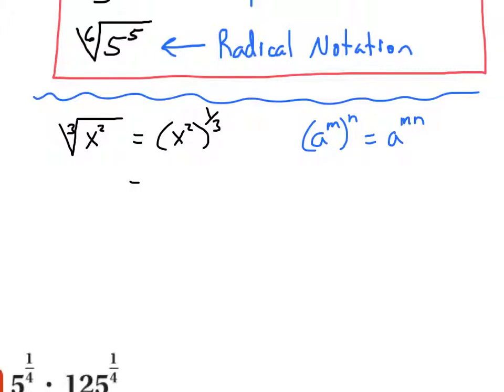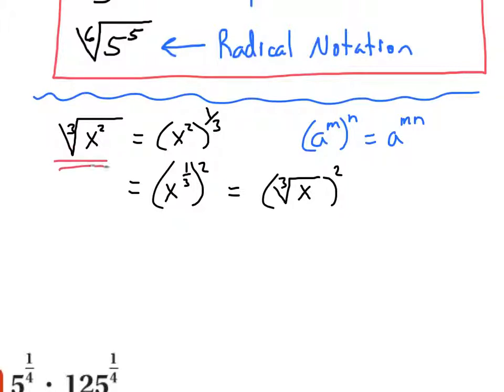Meaning I could write this as x to the 1/3 power raised to the 2nd power. Why? Because it doesn't matter if I take 1/3 times 2 or if I take 2 times 1/3. I get the same answer. Well, then if I rewrite that in radical notation, I now have something raised to the 2nd power, and that something is the cubic root of x.